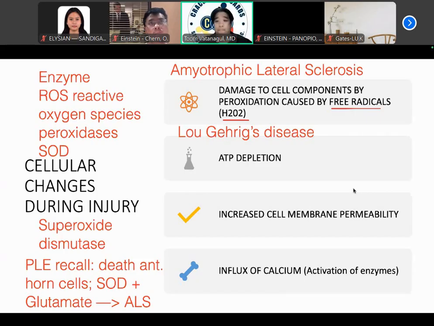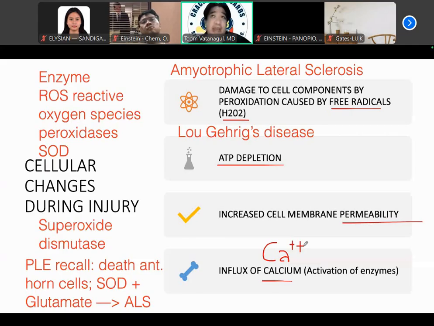Now, another cellular change that occurs is the depletion of ATP, followed by increase in the permeability of the cell membrane, and of course, the influx of calcium. Take note, it is influx, not efflux.